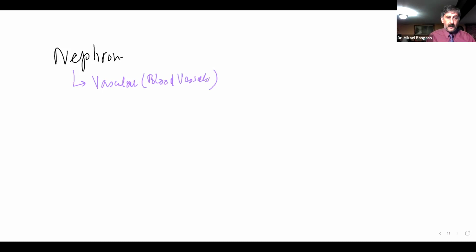And pretty much, parallel to that is going to be another system of the nephron, which we mean is the tubular system. Now guys, when we look at the vascular part, what did we have?